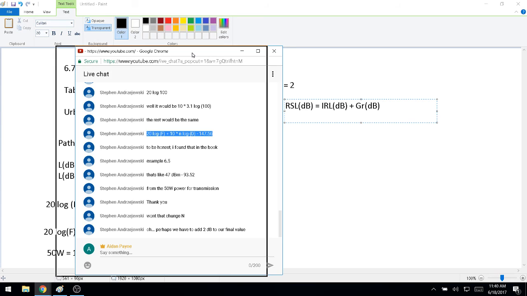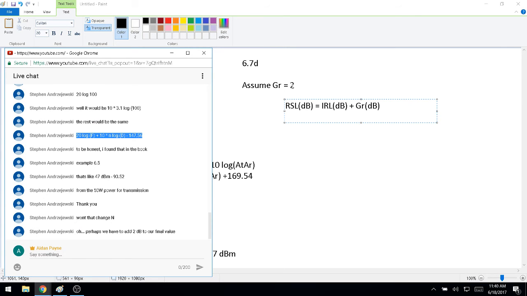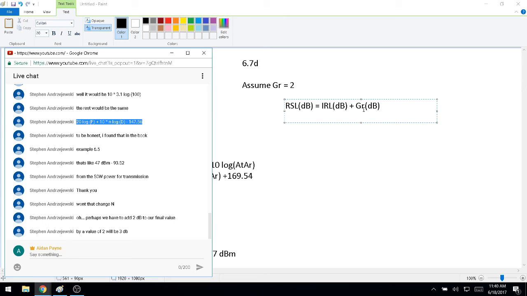And so if we have a gain of 2, and we need to add it into the formula here in dB, the IRL stays the same because that's not changing in this problem.